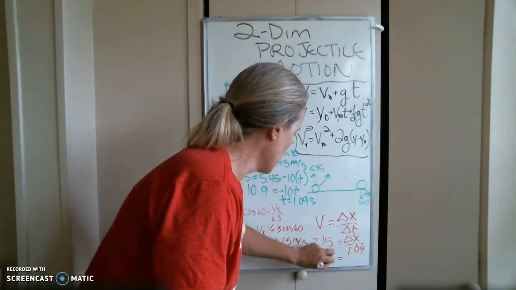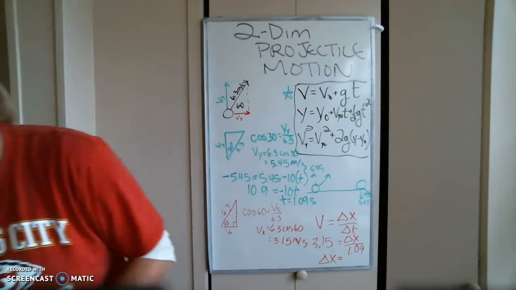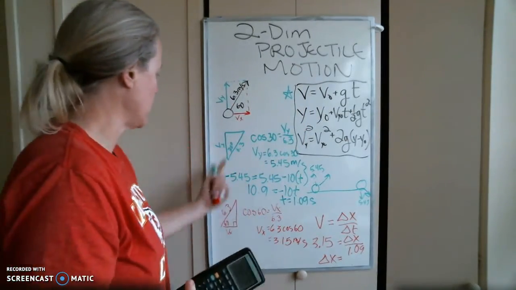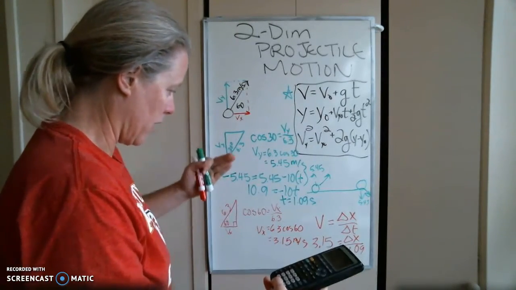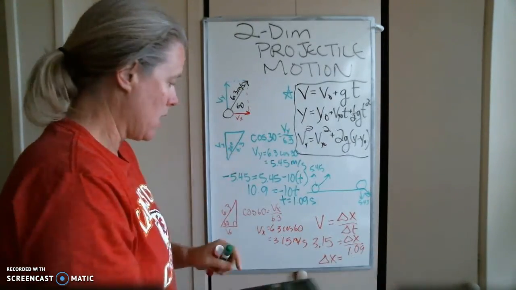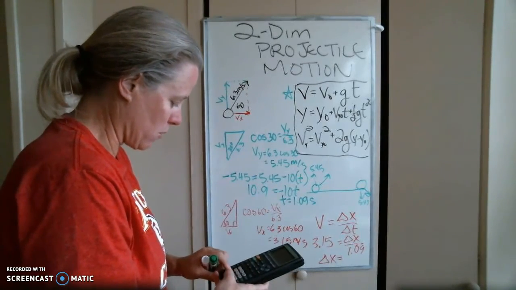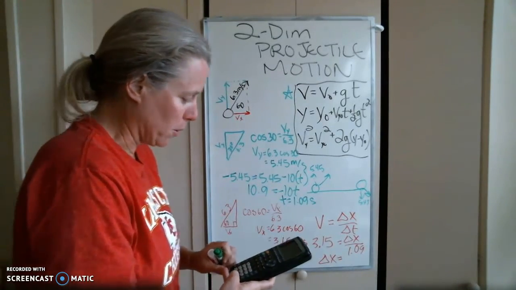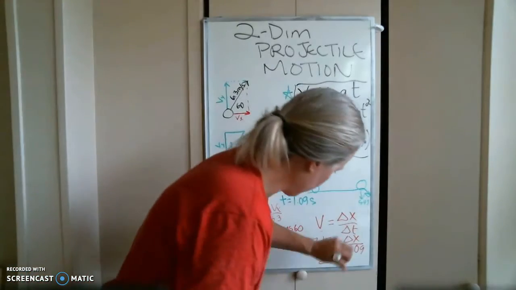1.09 seconds. So if I set up my launcher and I put it at 60 degrees, I should be able to put a bucket, launcher height to end height at the same level, 3.15 times 1.09. I should be able to put that at 3.43 meters away.